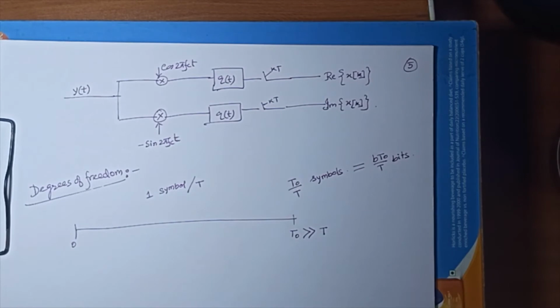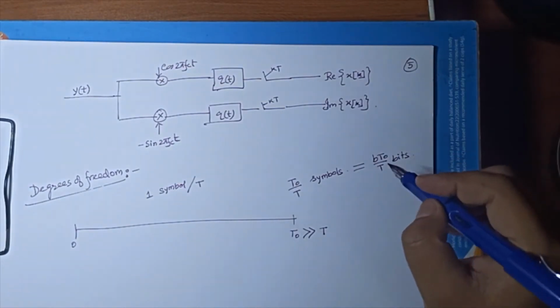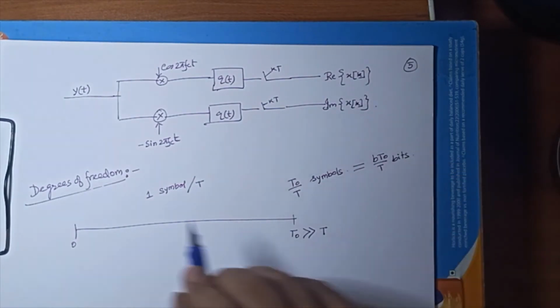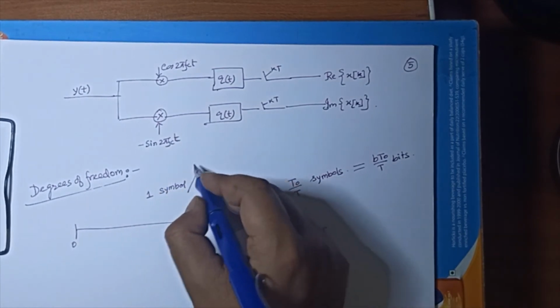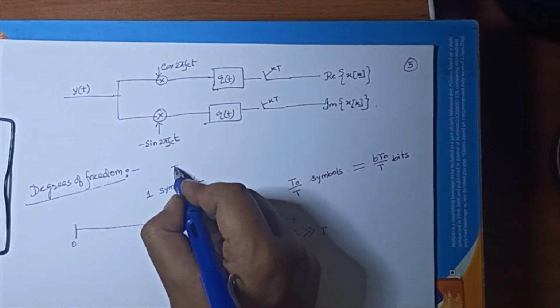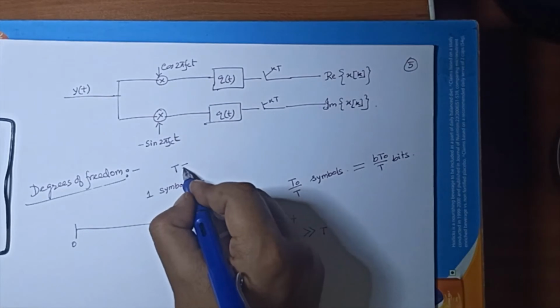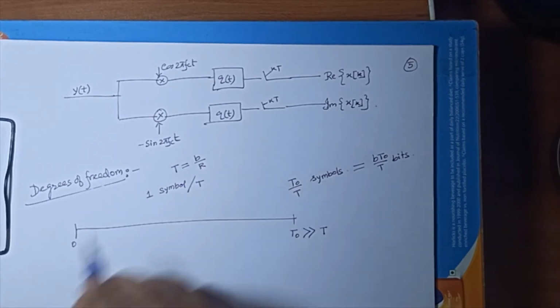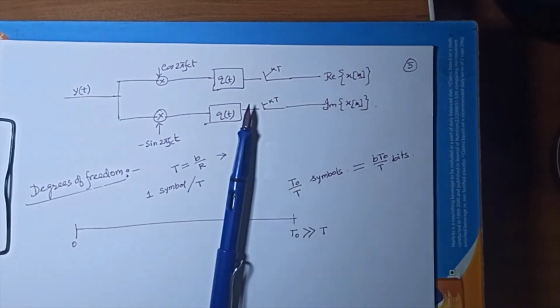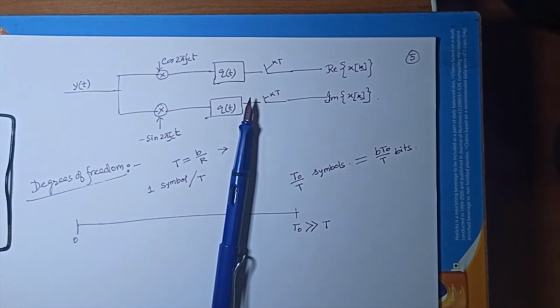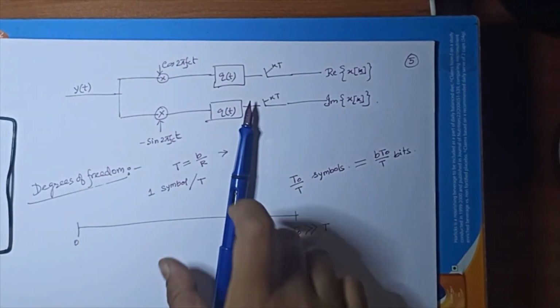Okay. Now, what is the relationship of b and T? So we know that the time period T is equal to b by R. So b by T is basically R. R is the bit rate of the bit stream which is coming.